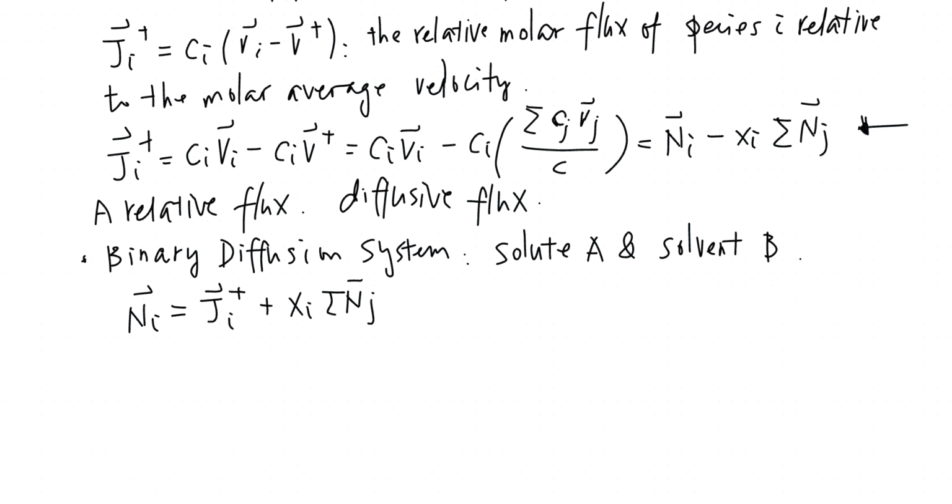Okay, now let's apply this to a binary system. Then the molar flux of A equals the relative molar flux of A plus the molar fraction of A multiplied by (N_A plus N_B).